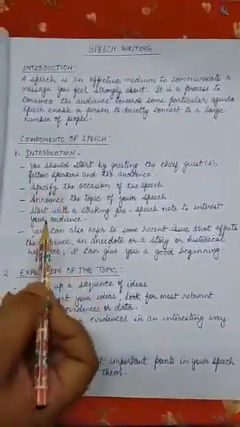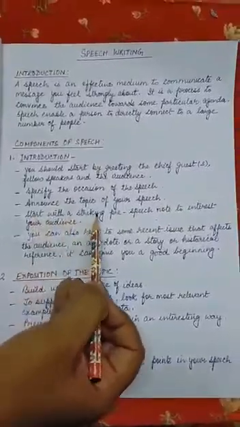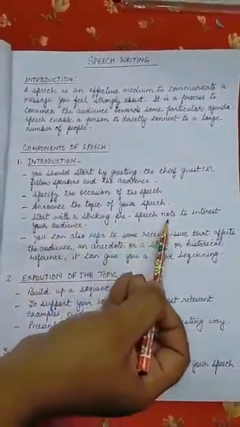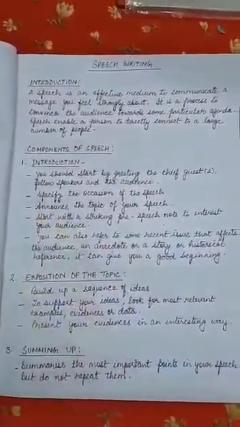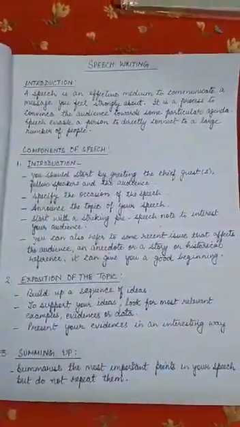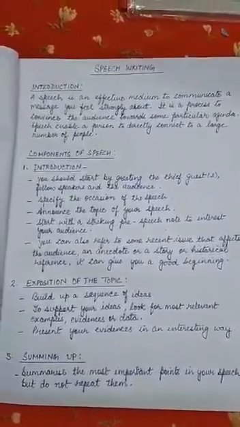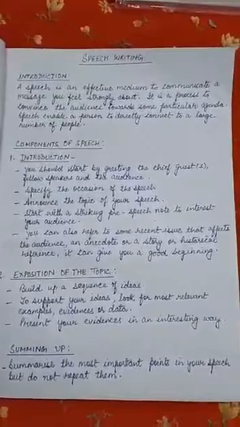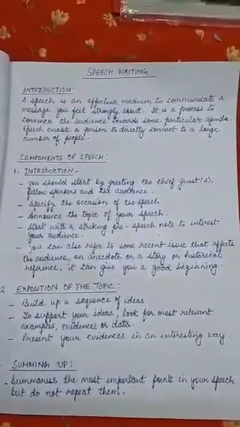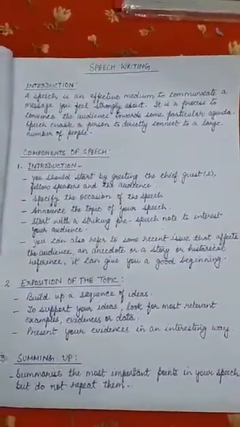Next point is to start with a striking pre-speech note to interest your audience. Here you can fill the beginning of your speech with concrete statements that are backed by facts, numbers or statistics. This will create interest among the audience.